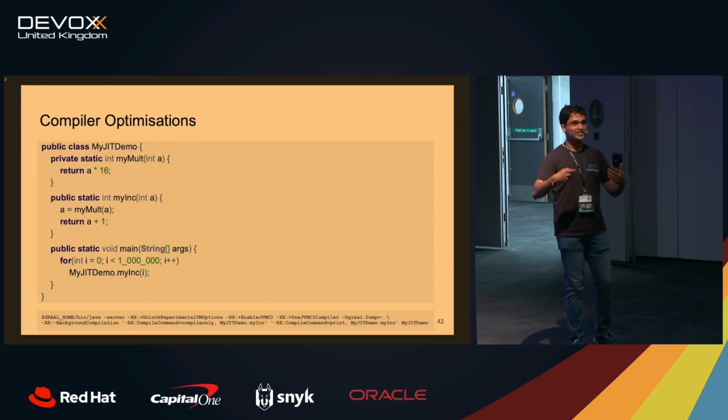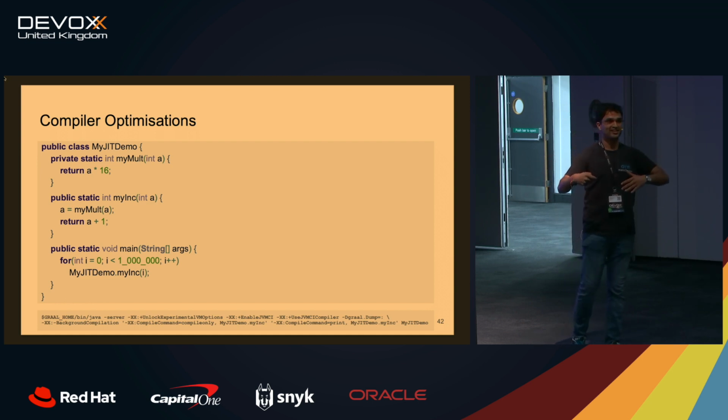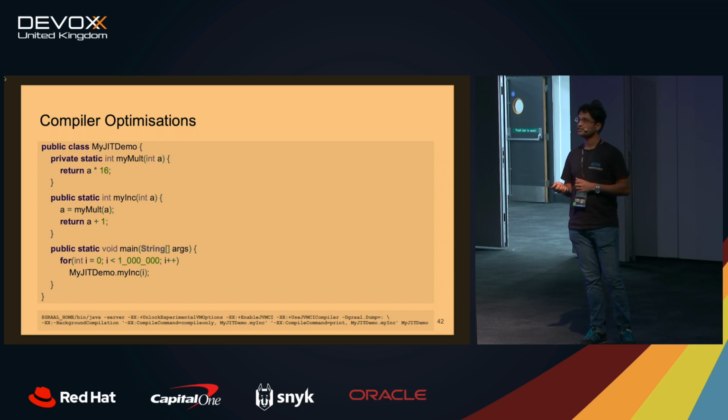So we want to execute as long as we can so that the compilation happens and the compiled version will be executed. That's the reason we are calling it 1,000,000 times. Then we have our myIncrement method, which does the same a plus 1, but before that it multiplies the argument by 16. So this is my mult. We are multiplying by 16, adding 1 to it, a pretty complex program, right?